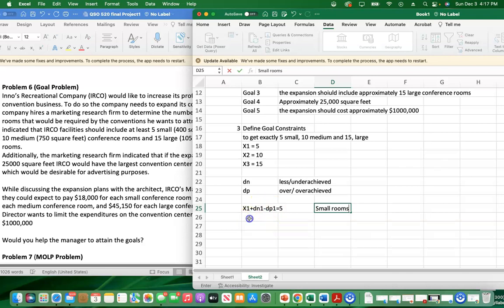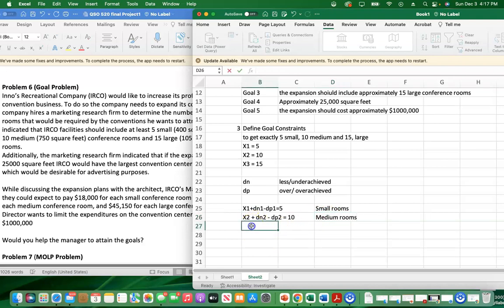And therefore, for the medium size, we have x2 plus dn2 minus dp2, and this will be equal to 10, and so we have medium rooms.